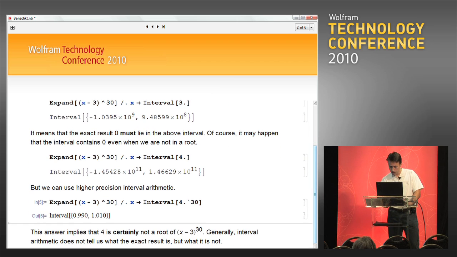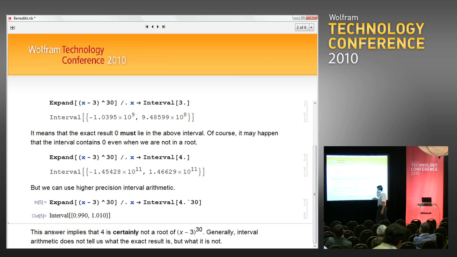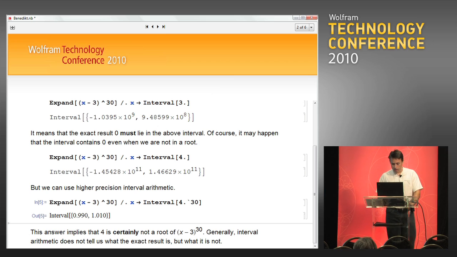So generally speaking, the interval arithmetic can never tell us what's the exact result, but it can tell us what's not the result. And now it's a question how it can be used in an application.